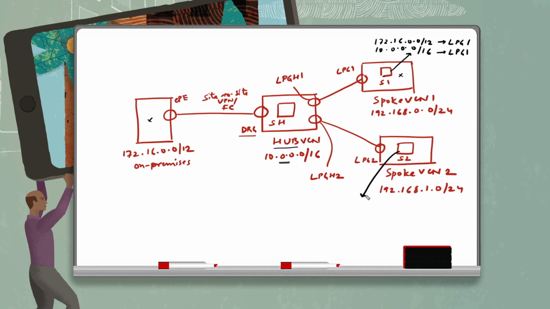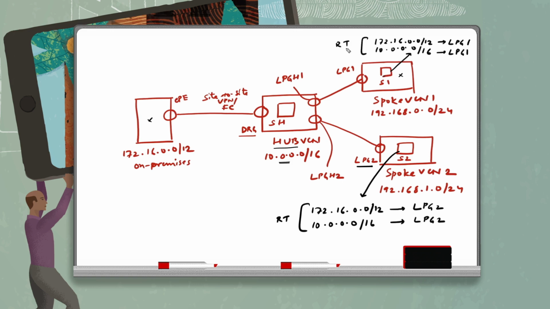Similarly, for subnet 2, 172.16.0.0/12, the next hop is going to be this local peering gateway. And even if it is 10.0.0.0/16, this is going to be your local peering gateway 2. So this is how the route table for subnet 1 and subnet 2 is going to look.